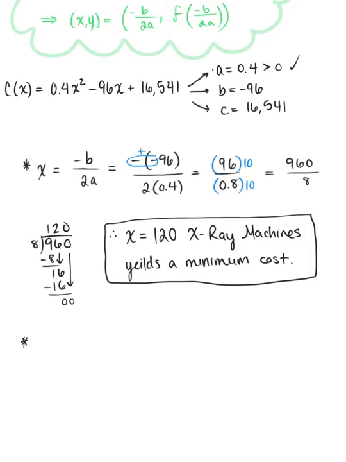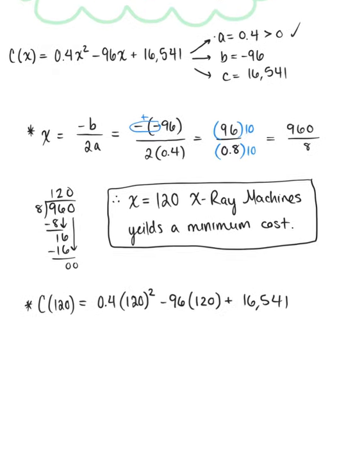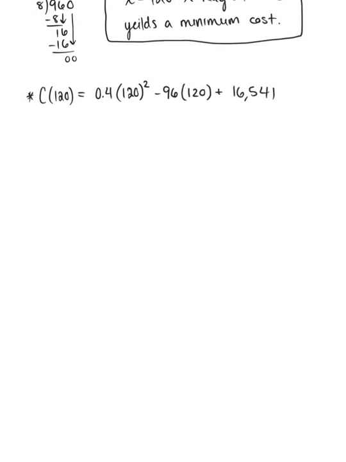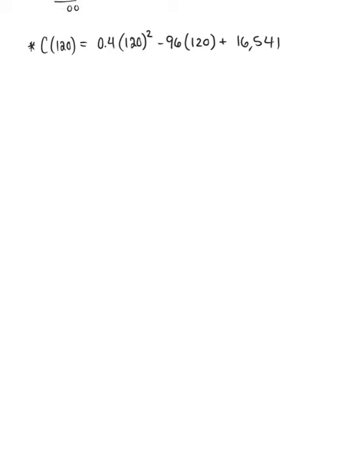The cost function, C at 120 X-ray machines, is going to be equal to 0.4 times 120 squared minus 96 times 120 plus 16,541. So we're going to continue here, assuming that we are not allowed to use calculators and that all we can use is our beautiful brains.